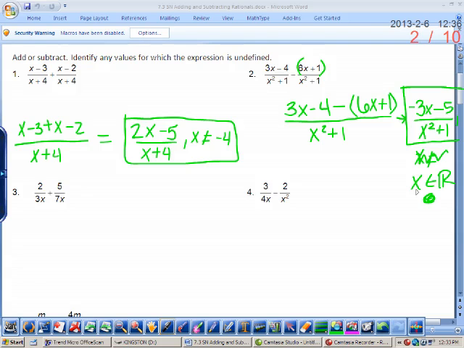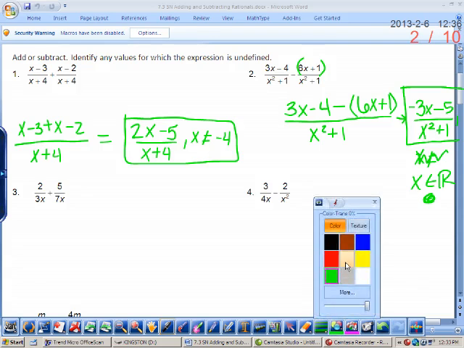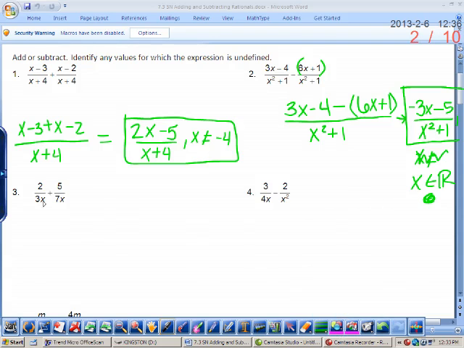Okay, 2 over 3x plus 5 over 7x. Do we have a common denominator? No. So what I want you to do is think of your denominator in terms of its factors. This is 3 times x. Would you agree? And 7x is 7 times x.